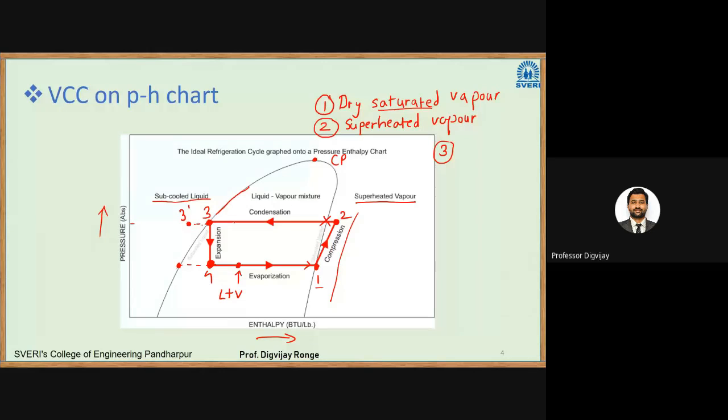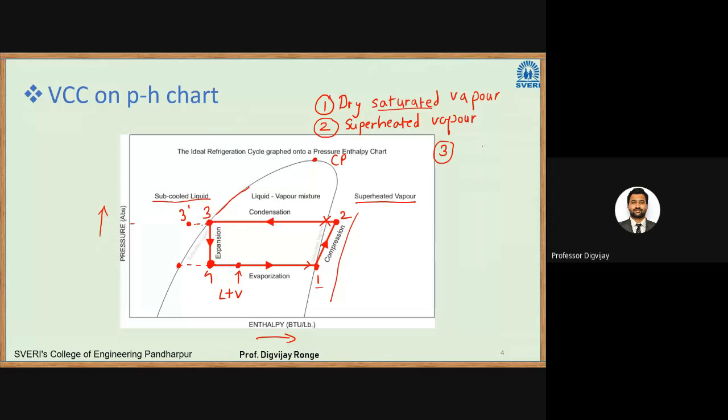See, point 4 is neither on the saturated liquid curve nor on the saturated vapor curve. It is in between. So what will be the condition at point 4? Again, the answers are there on the screen. You have to determine what will be the condition of refrigerant at point 4.